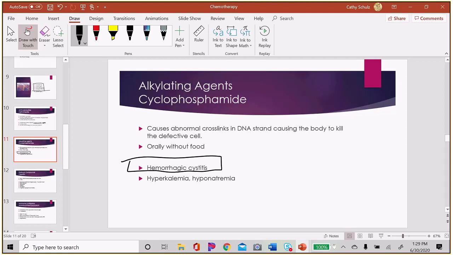So if the patient starts to urinate blood or sees blood and clots in their urine, then they need to be seen. They need to come to the hospital. They'll probably need special flushing of the bladder to prevent clots from forming, making it harder to urinate, and they might need to pick a different chemotherapy agent.